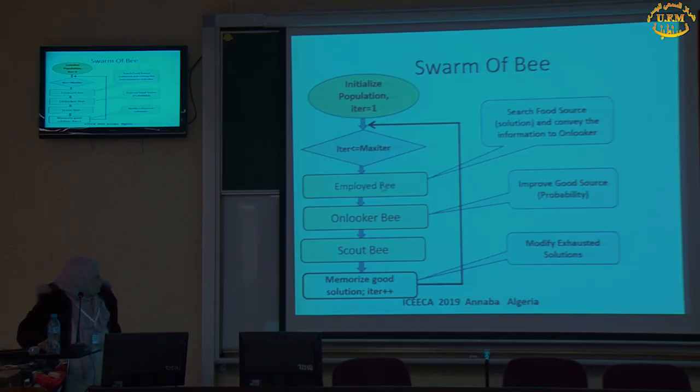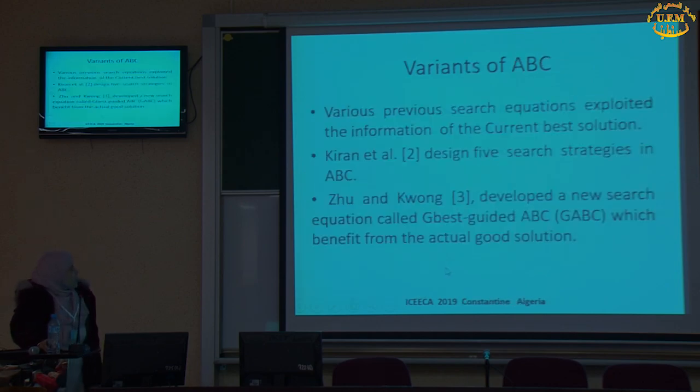Our approach tries to modify the employed bee and onlooker bee by modifying the search equations. There are many works that modify this equation. For example, Ferran and all designed 5 search equation strategies in artificial bee colony.